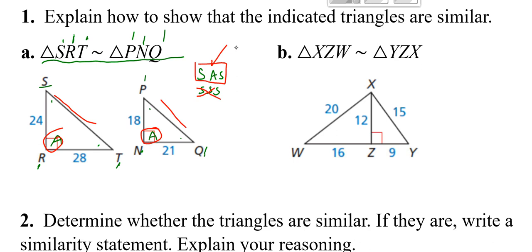So I need to show the sides are in proportion. So maybe I do the small triangle over my large one. So this is our small, this is our large.